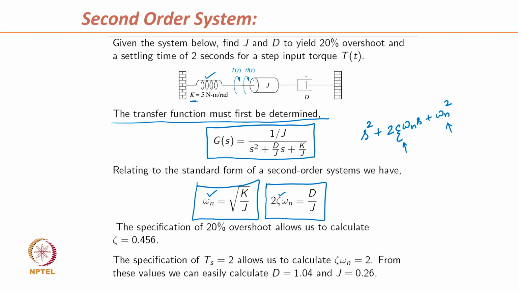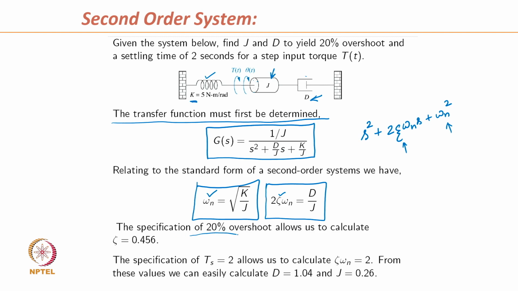K is the spring constant, J is the mass and D is the damping. These values we can decide based on how much peak time or settling time we want in the system.